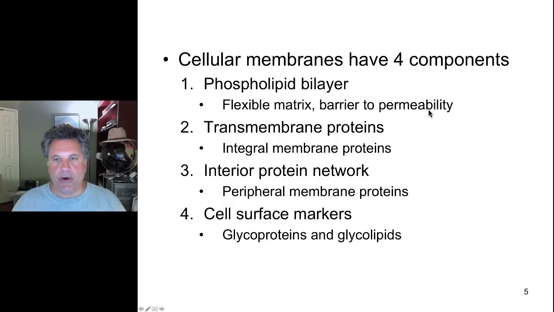So if we consider the components that membranes have, there's the phospholipid bilayer, which serves as a barrier to permeability. Because of the hydrophobic interior of the lipid bilayer, polar molecules cannot pass easily from the extracellular environment to the intracellular environment, or vice versa. Transmembrane proteins, as we've talked about, span the membrane, and they can have extracellular domains as well as intracellular domains.